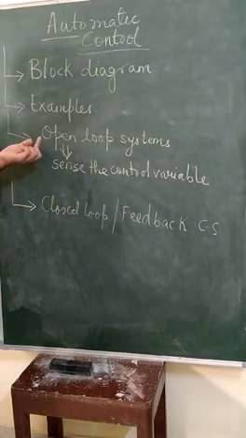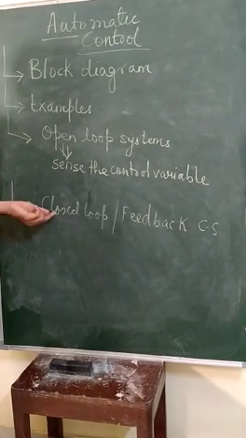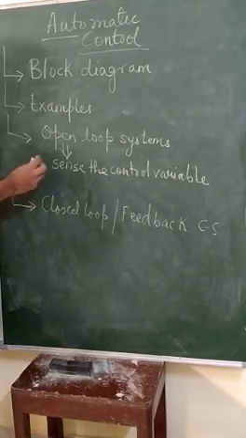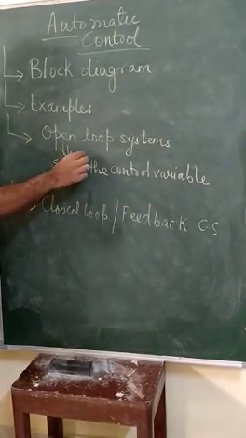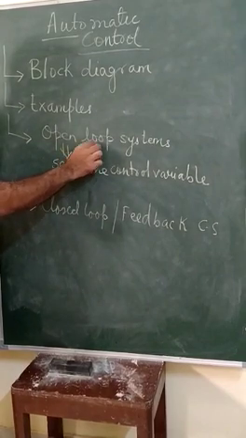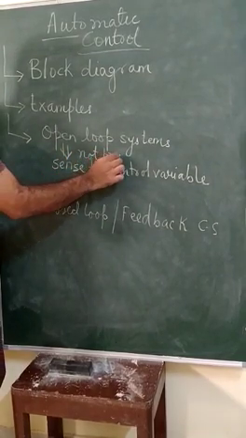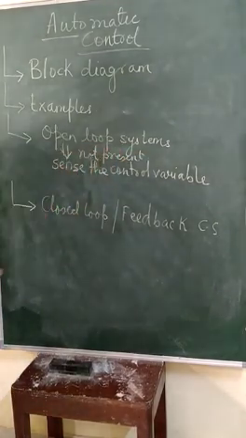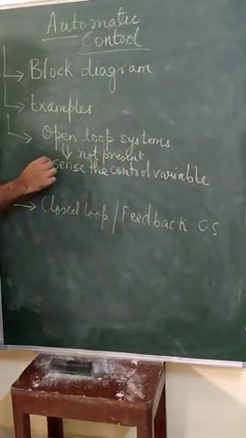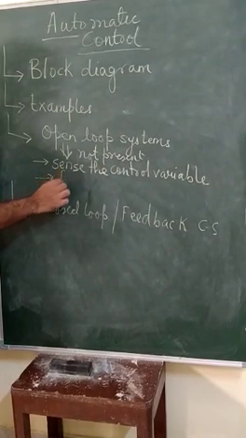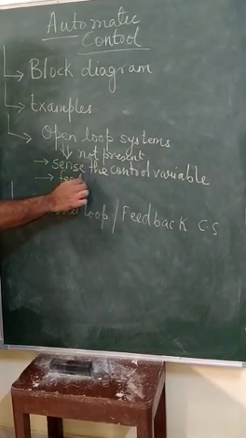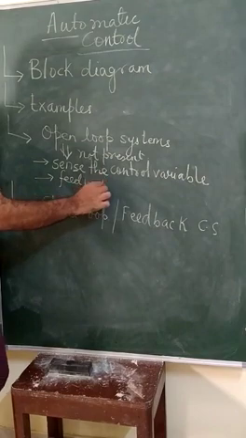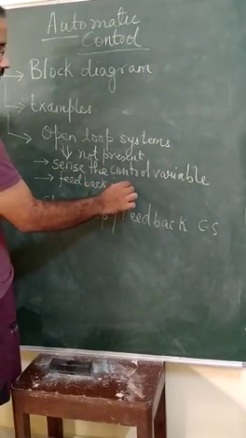So one of the important features of closed loop system is that it has a sensor, and this does not have a sensor. So this is not present in the systems. There is nothing to sense the control variable. And since there is nothing to sense the control variable, there is no feedback from the system. Feedback is absent.